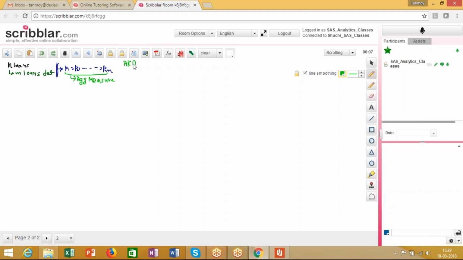Account A has a probability of default of say 0.08, or 8% chances of default, and the exposure is say 25,000. So if this account defaults in the next 12 months, the exposure outstanding is 25,000 and the bank will lose 25,000.